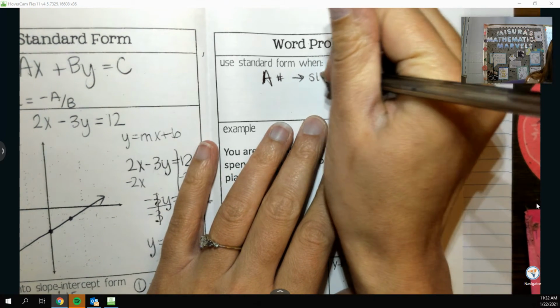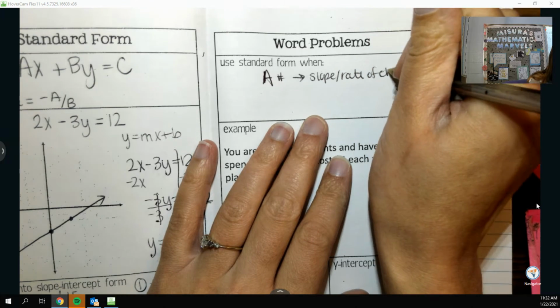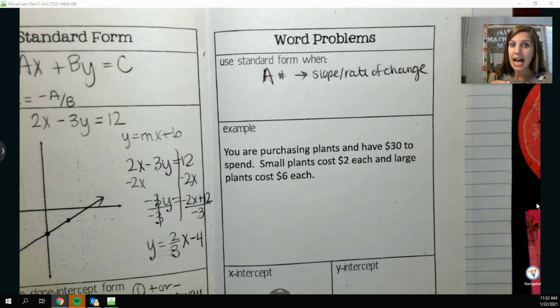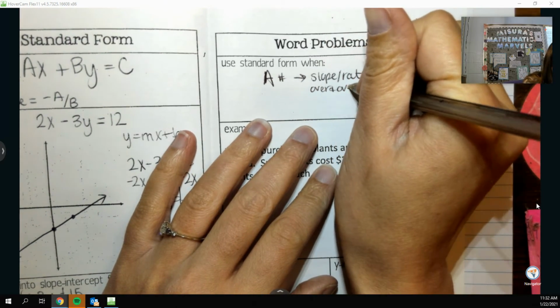So slope, rate of change, which seems weird because it's not really slope, but because it's being multiplied to x, it's a number that's going to change over and over and over again for one variable. So over and over number.